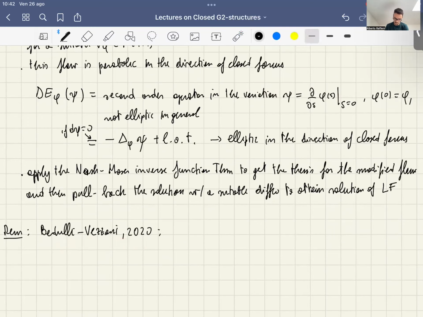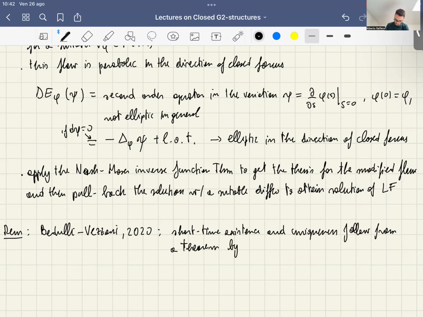So what they proved is that short-time existence and uniqueness follows from a theorem by Hamilton.